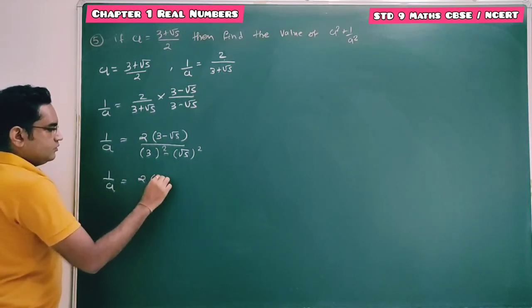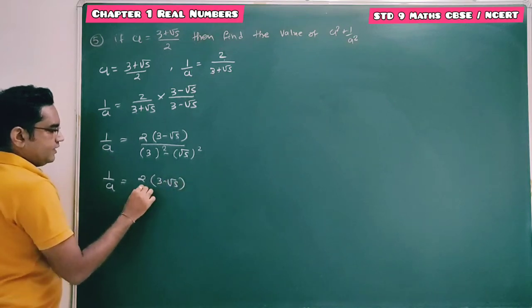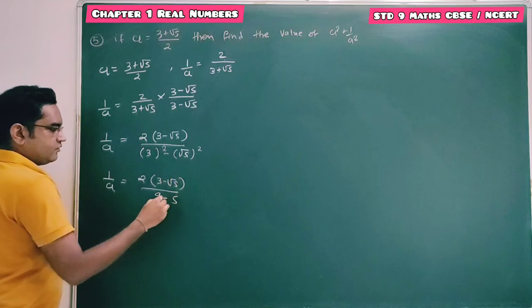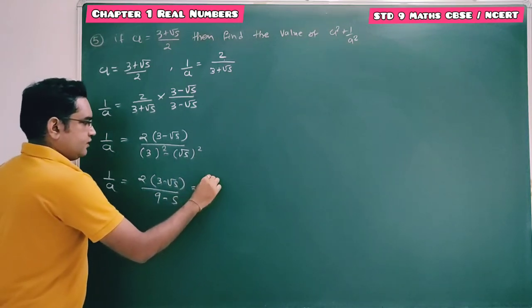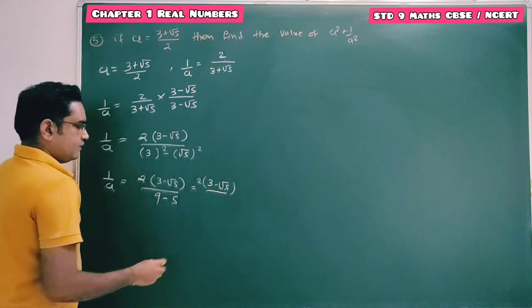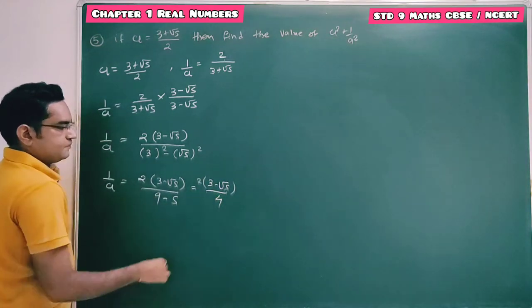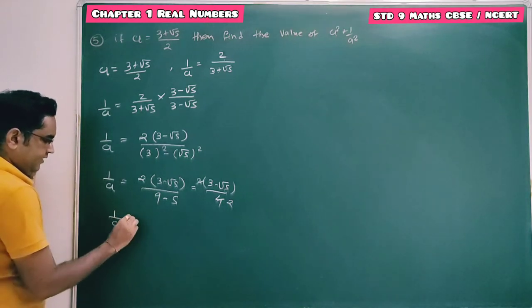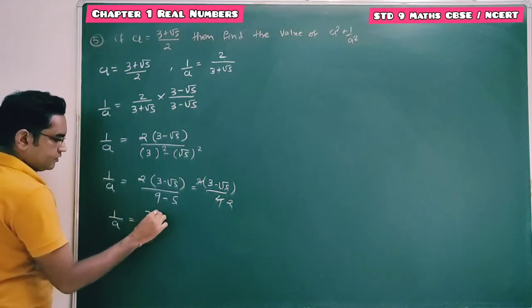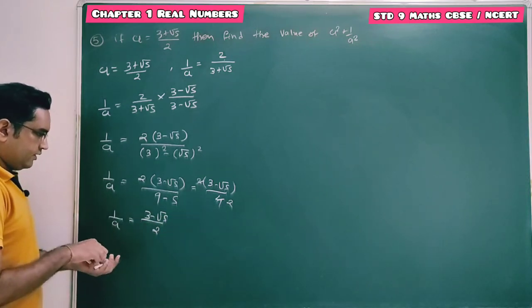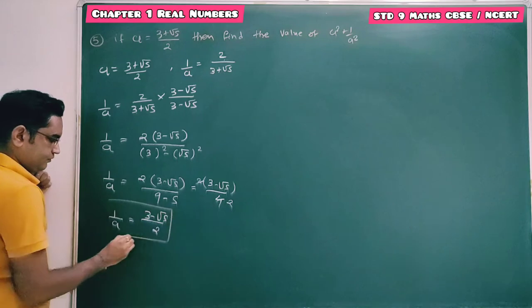Here 3 square is 9 and root 5 square is 5. So this is 2 into 3 minus root 5 upon 4. Cutting, 2 twos are 4. Hence here we are getting 1 upon a equal to 3 minus root 5 divided by 2.